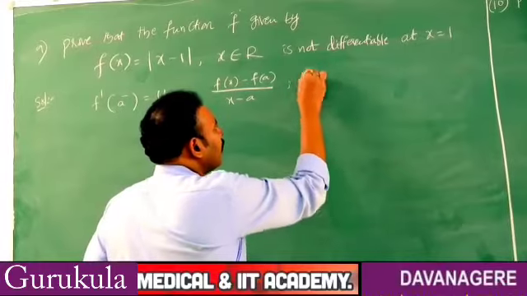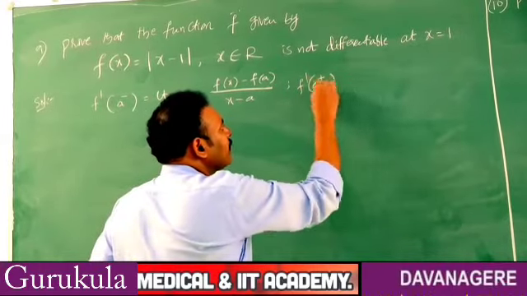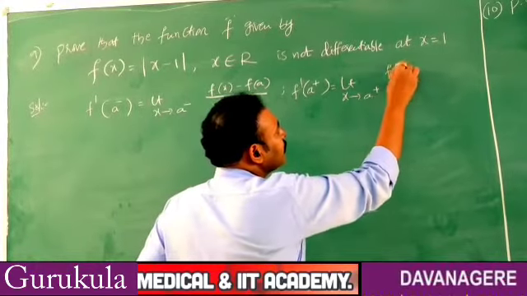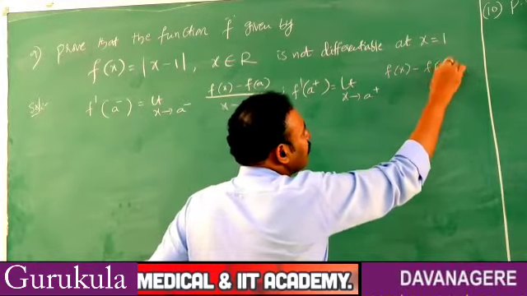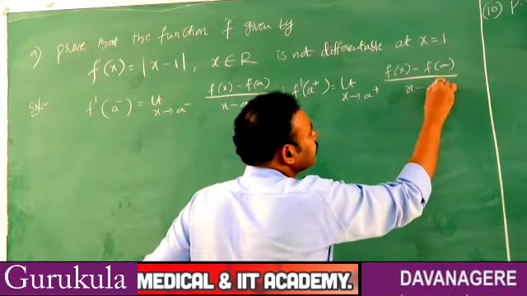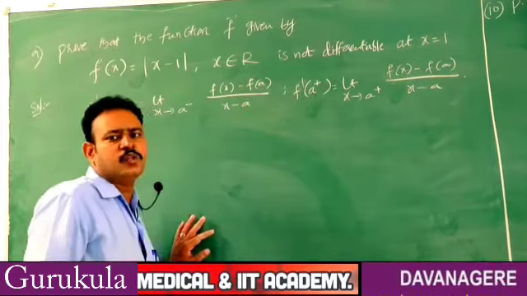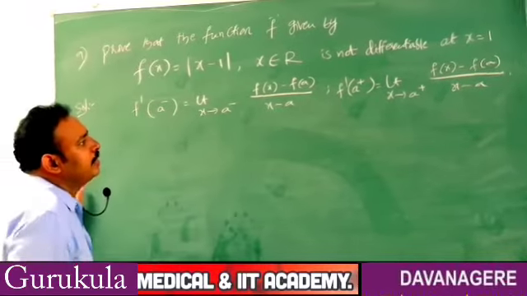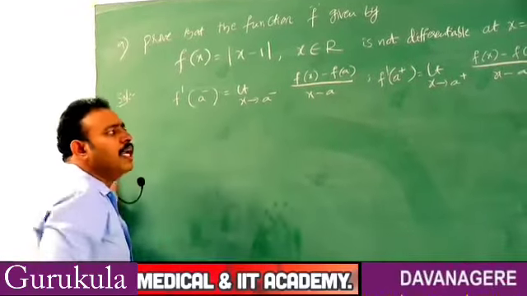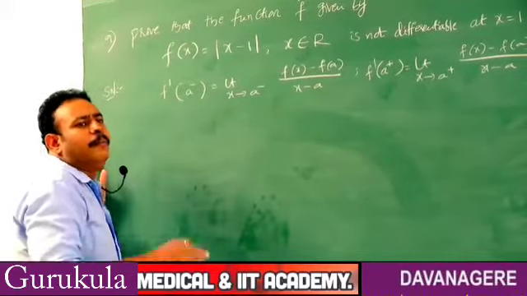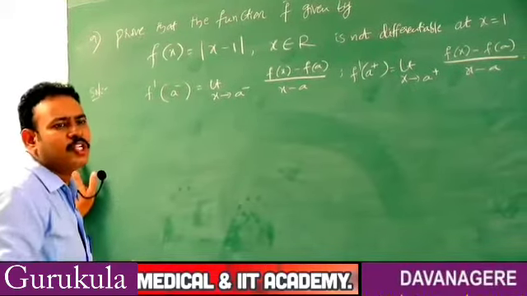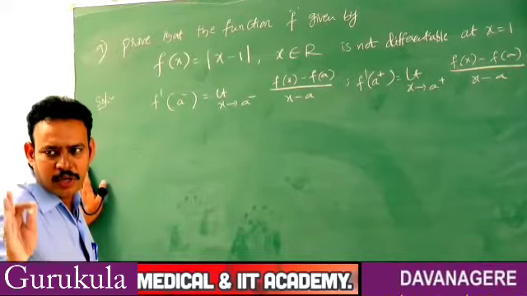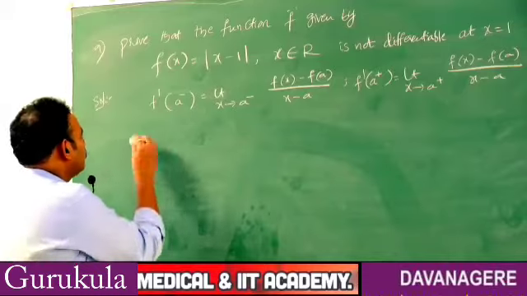Right hand derivative at x is equal to a is limit x tends to a plus f of x minus f of a by x minus a, students. It is denoted by f dash of a. If both are equal, then the function f of x is differentiable at x is equal to a. Otherwise, it is not differentiable at x is equal to a, students.